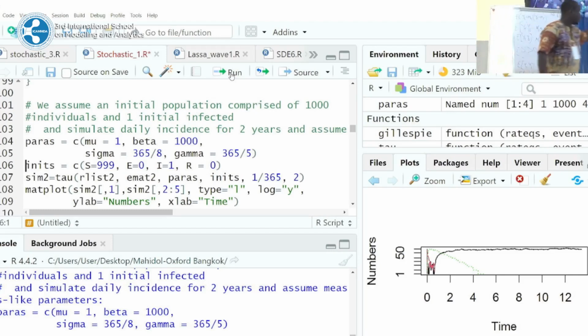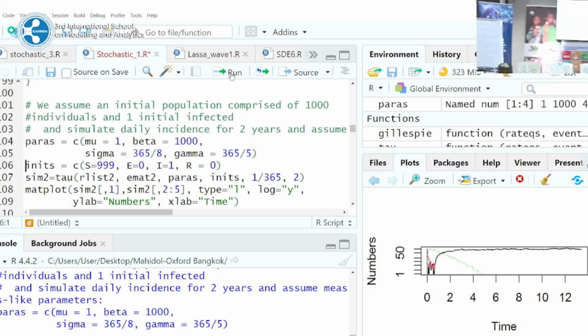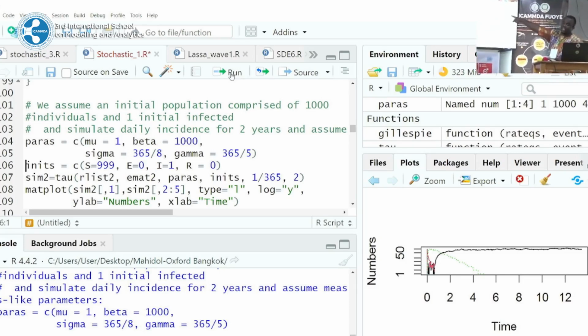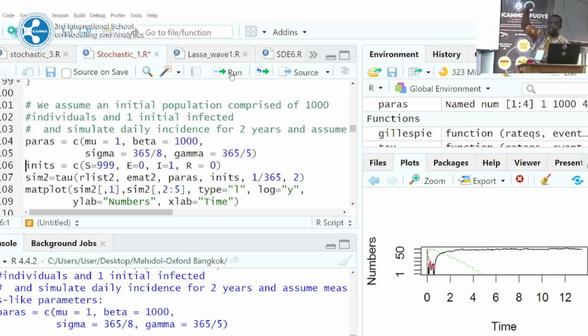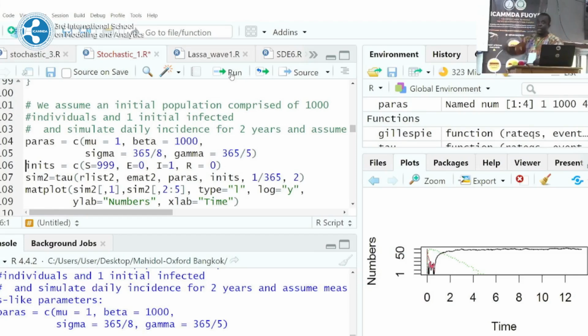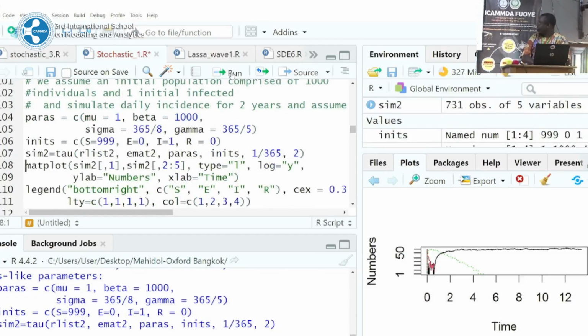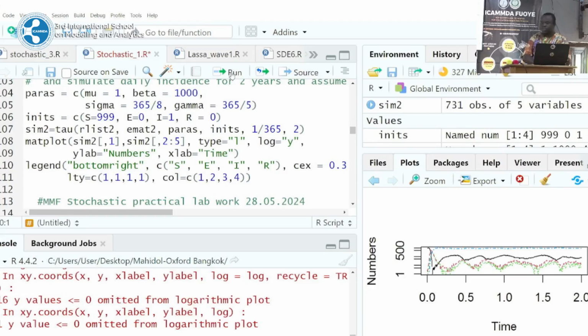Because at the initial time there are some persons in the population who are susceptible, and one person has been infected. If there is no infection, you can't have a transmission model. So we have the plots.